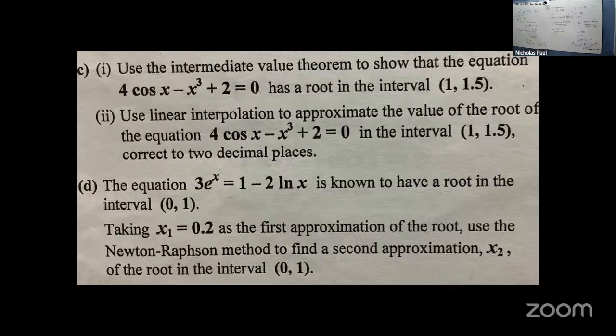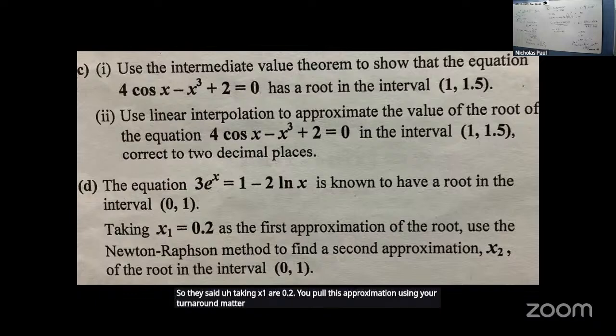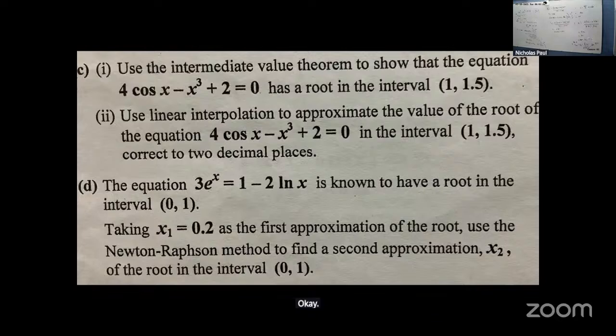Of course, the problem here is you have to remember how to differentiate. So they said taking x1 as 0.2 as the first approximation, use the Newton-Raphson method to find a second approximation x2. Oh, that's all? Just one? Yeah, that's one. So watch this here.